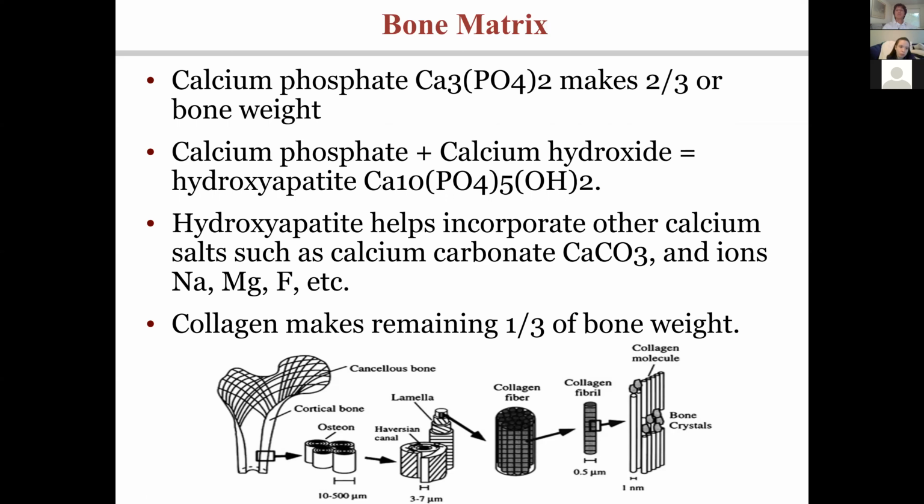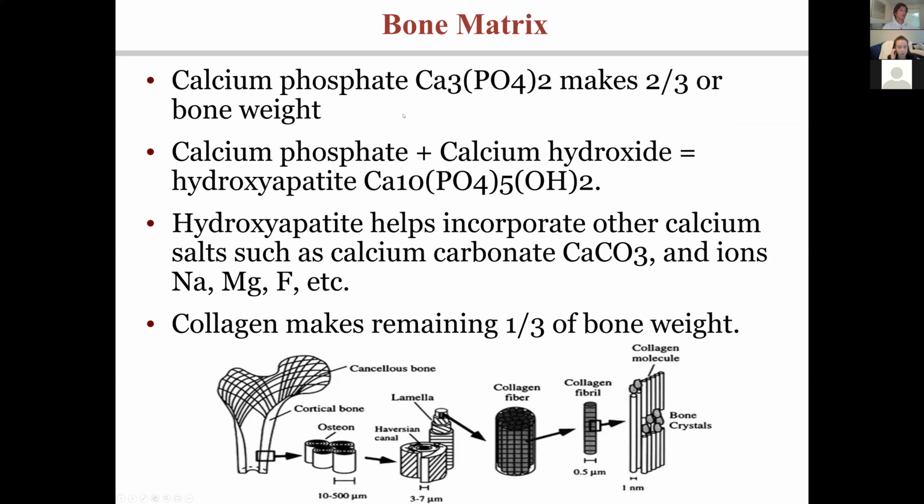One of the homeostatic systems that we have within our bodies is a homeostatic system for calcium and a homeostatic system for phosphate. Both of these are going to reside within this calcium phosphate within bones.